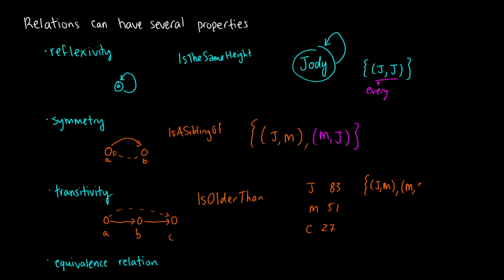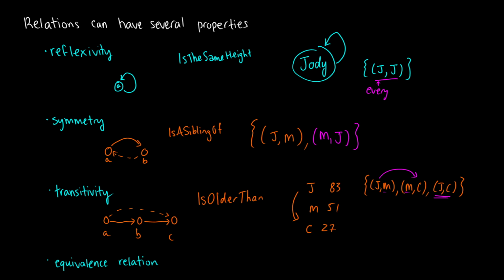We know that Mark is older than Carol, and because is older than is a transitive relation, we also know directly from this fact that Jody is also older than Carol. So in other words, if the first two hold true, J is related to M and M is related to C, then we also have this shortcut as well where J is related to C. And older than or taller than is a really good way of showing that.